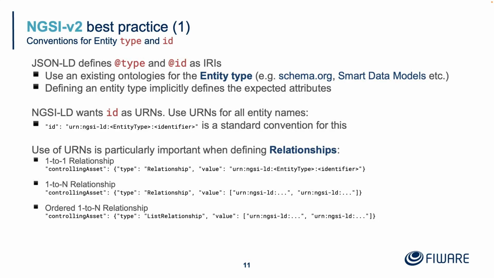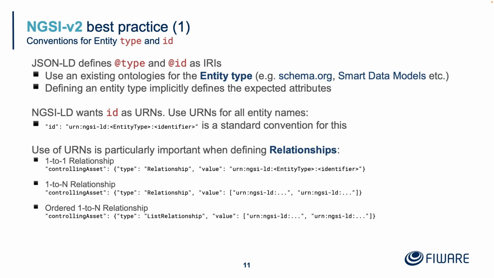It says you use the protocol, entity type, followed by the identifier for defining your IDs, because that means that when you are defining a relationship, which in NGSI-LD is also an @id and therefore must be a URN, it's easier to define this is linking over there. You can see that there are multiple ways you can define a relationship.